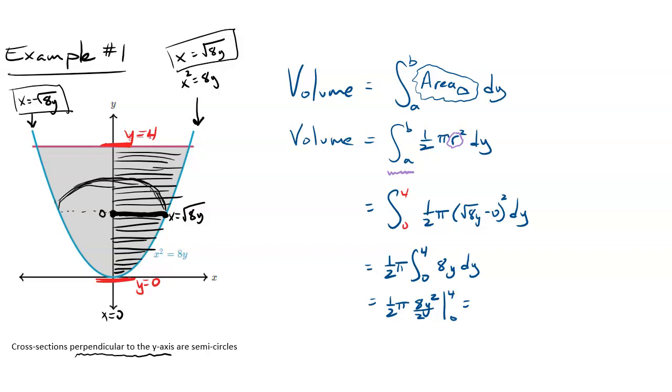So this is 4, and the half in the front would become 2. So if I put 4 in, I would get 16 times 2 would be 32 pi minus, plugging in 0 would be 2 times pi times 0. So the volume, my God, the volume would be 32 pi. And we don't have any units, so if it bothers you, you could write units cubed.